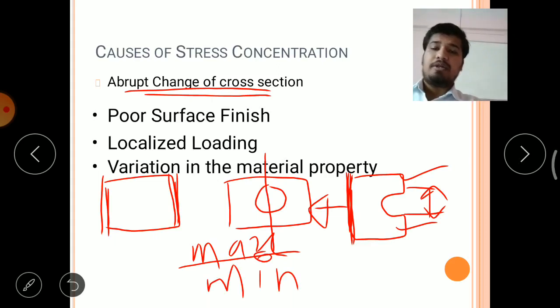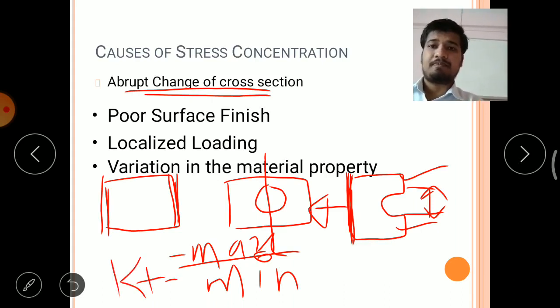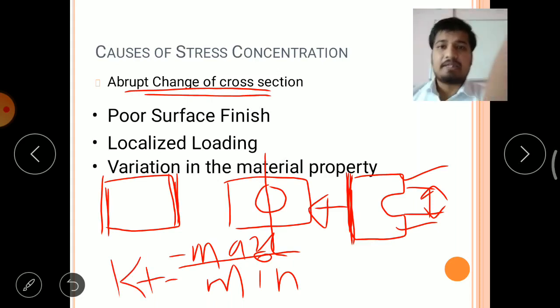And when we take the ratio of these two quantities, it is known as Kt, that is the stress concentration factor. In this way you can write the stress concentration factor also.